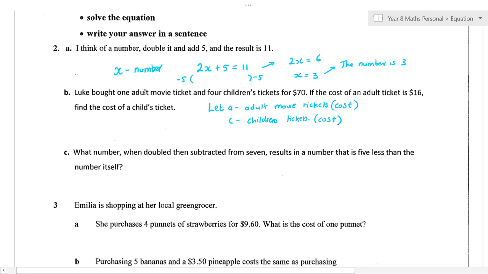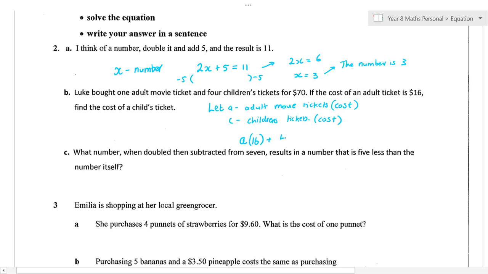Now we need to construct an equation. So if he bought 1 adult ticket, that's going to be A, and A is times by what? How much does it cost for each adult ticket? It says here that the cost of an adult ticket is 16. So we multiply that by 16, and then C is the cost of a children's ticket, but we don't know what that is.